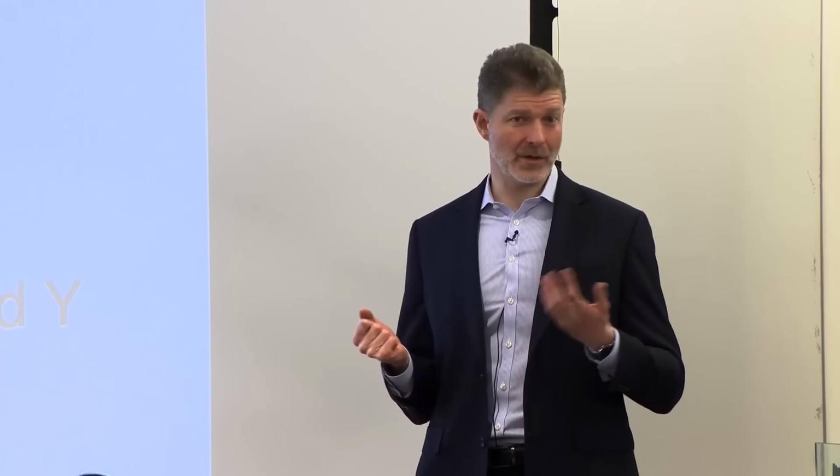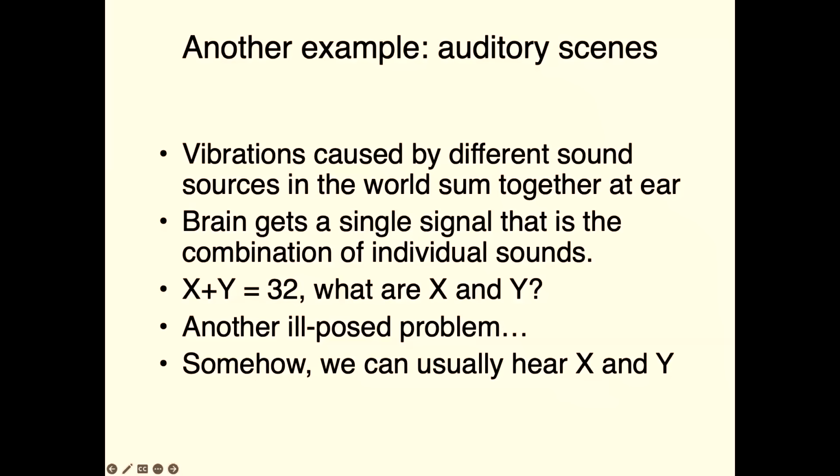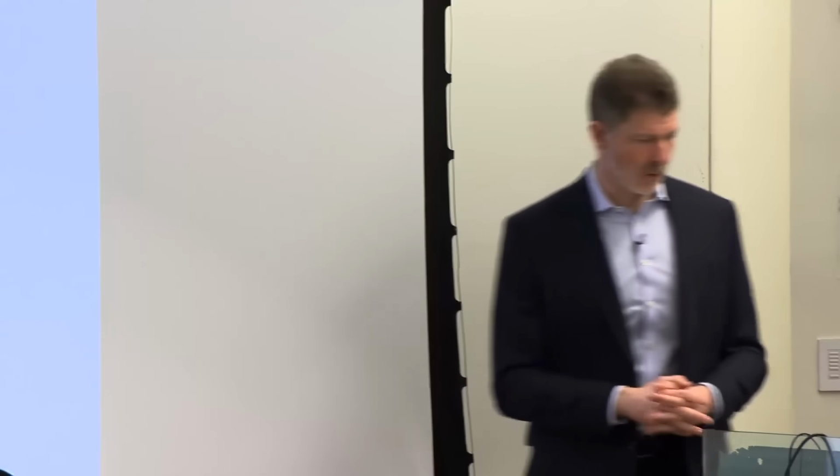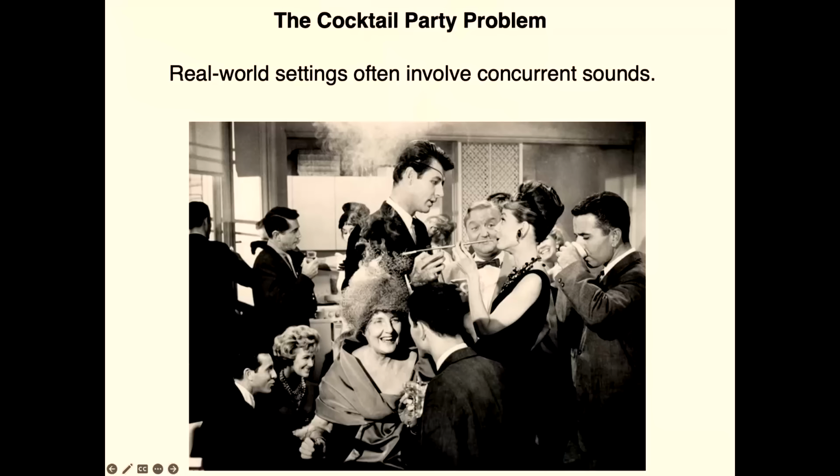One equation, two unknowns, okay? But that's exactly the problem that is happening when you have a mixture of sounds and you have to understand one or more of them. Okay? And so somehow, in the case of this auditory scene problem, we can usually hear the constituent sounds reasonably well. And maybe the classic example of this is what's called the cocktail party problem.